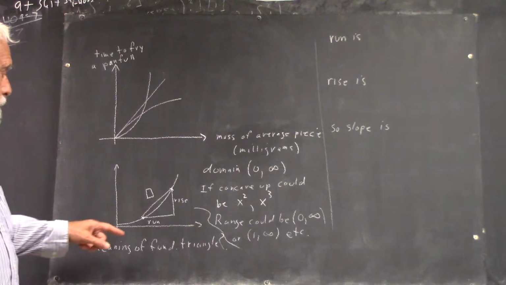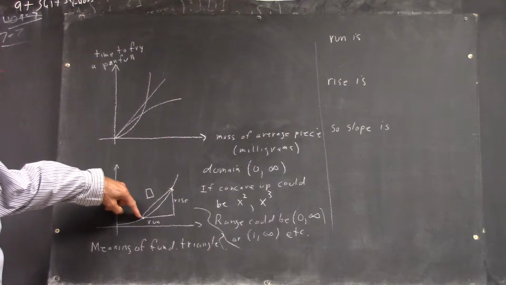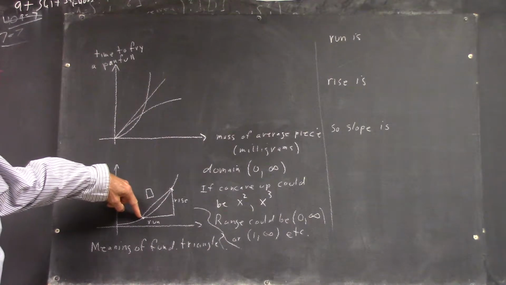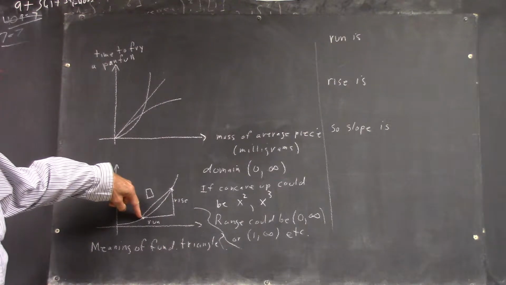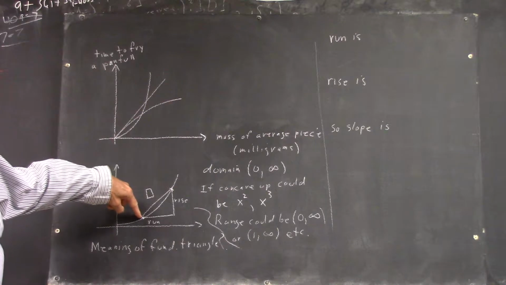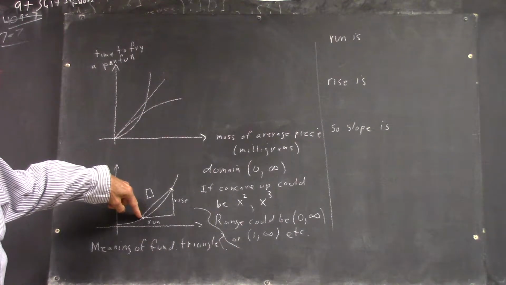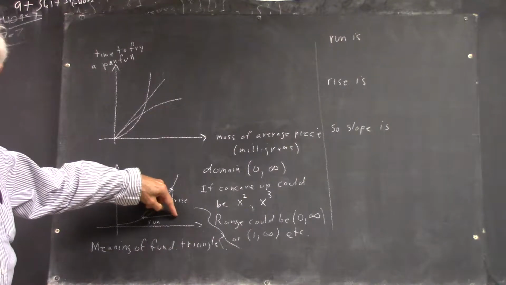Well, what's the x-coordinate of this point mean? What's the meaning of your x-axis? The mass of the average piece. The mass. Okay? The mass of the average piece. Okay? And what's the x-coordinate of this?